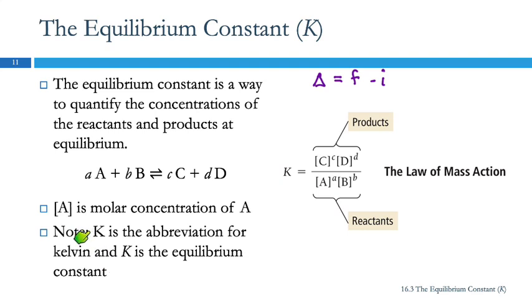Unitalicized is the abbreviation for the unit of temperature known as Kelvin. Italicized is a variable that can have different values depending on when you're using it.